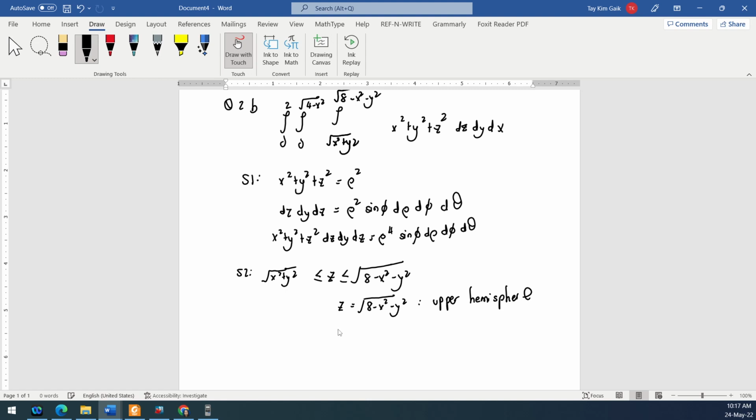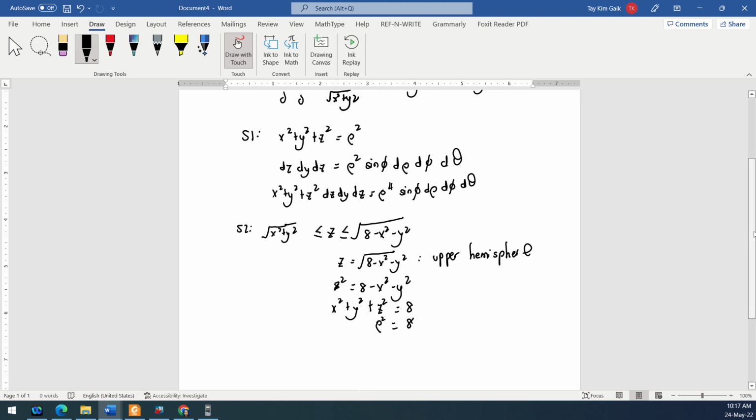Then you square it back, so z squared equals 8 minus x squared minus y squared, or x squared plus y squared plus z squared equals 8. So rho squared equals 8, and rho is square root of 8. Therefore, rho is a magnitude, so minimum 0, maximum up to the radius of the upper hemisphere, which is square root of 8.